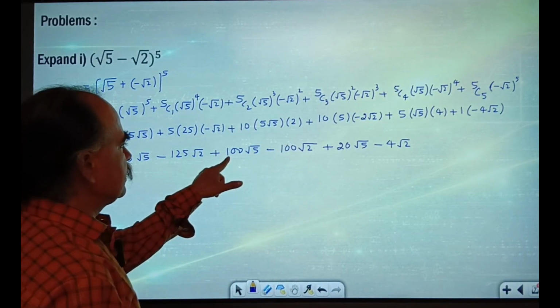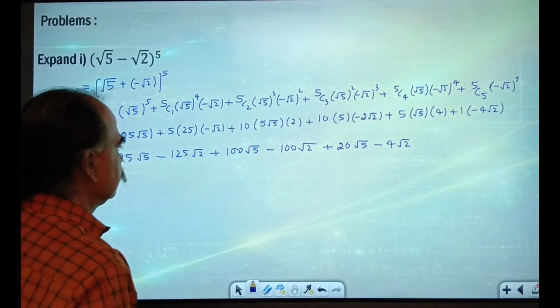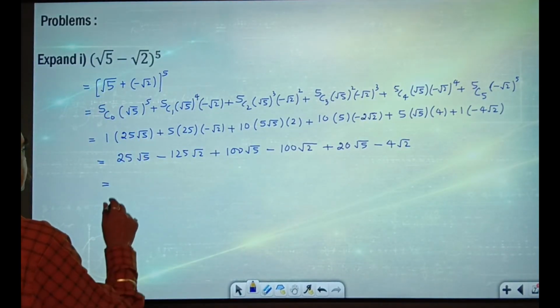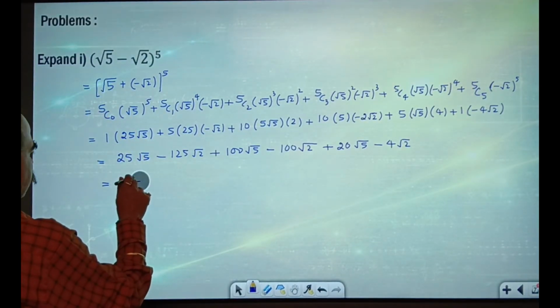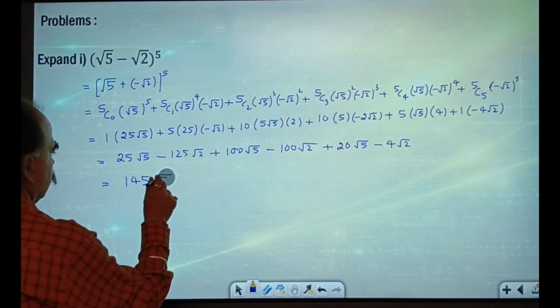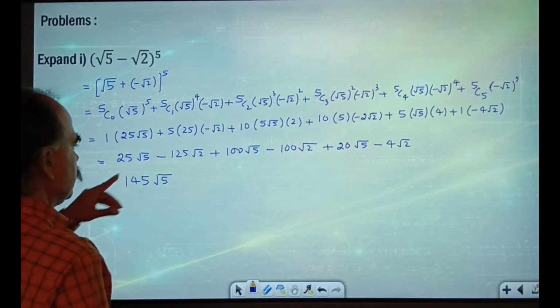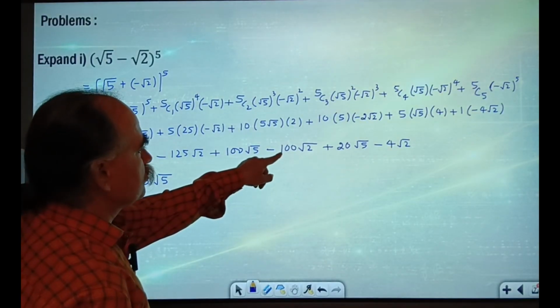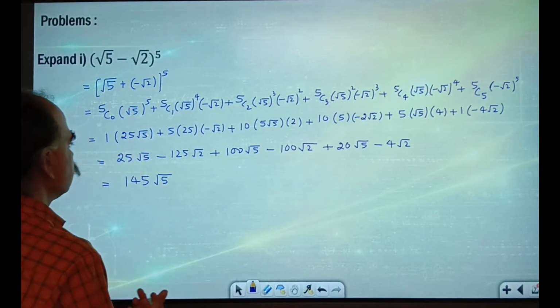25 plus 100, 125 plus 20, 145 root 5. Minus 125 minus 100 minus 4, that is 229 root 2.